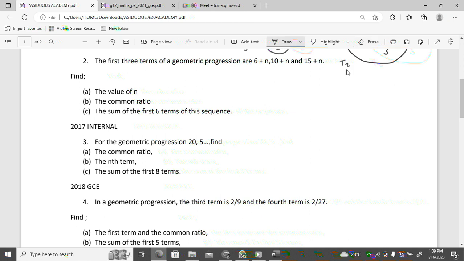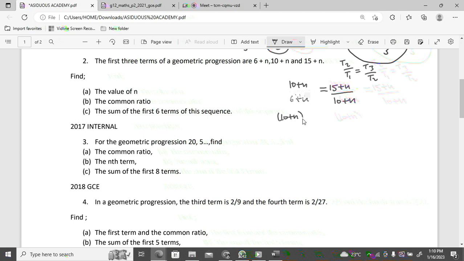So just write a formula: T2 over T1 is equal to T3 over T2. The second term is 10 plus n. The first term is 6 plus n. And that is equal to the third term, 15 plus n, over the second term, 10 plus n. And then again cross multiply.